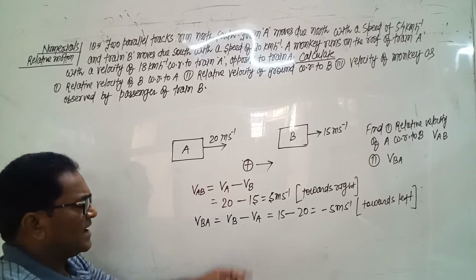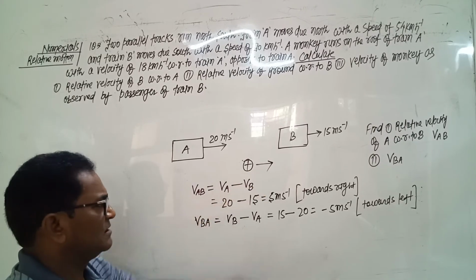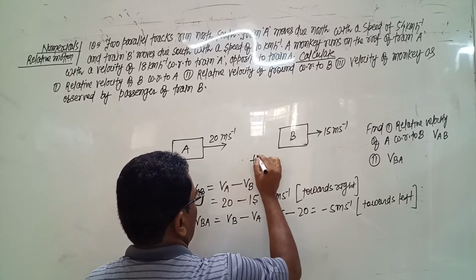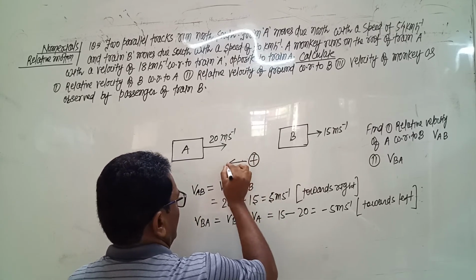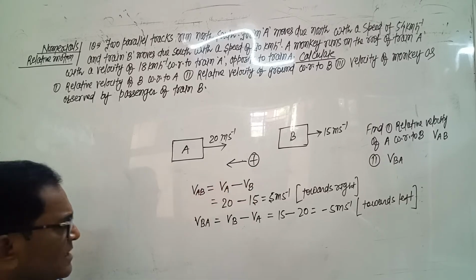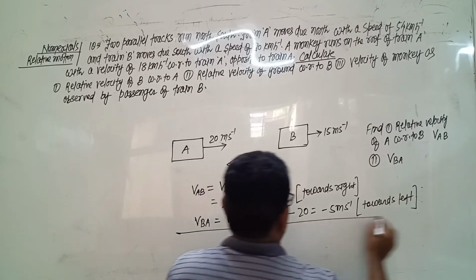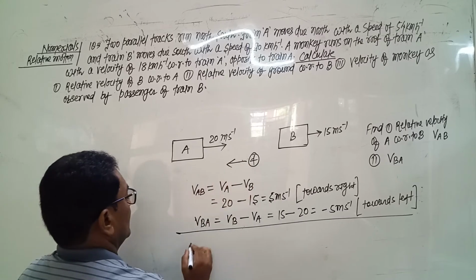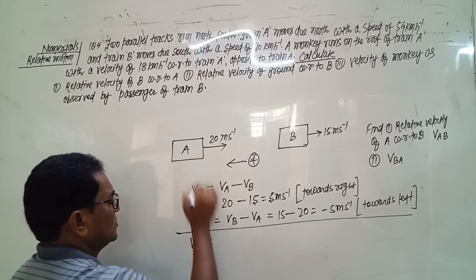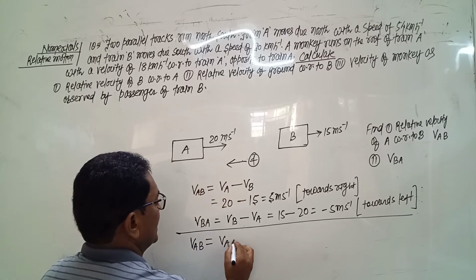We can assume the direction in this way also. Suppose we have taken towards left as the positive direction. The result would remain the same. Relative velocity of A with respect to B, VA minus VB.